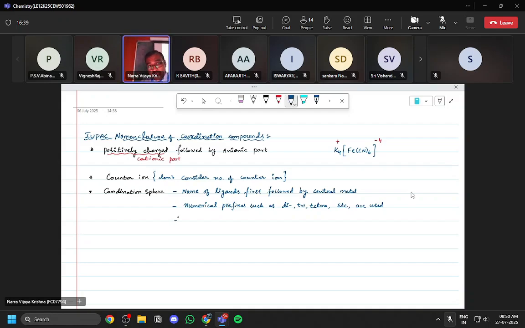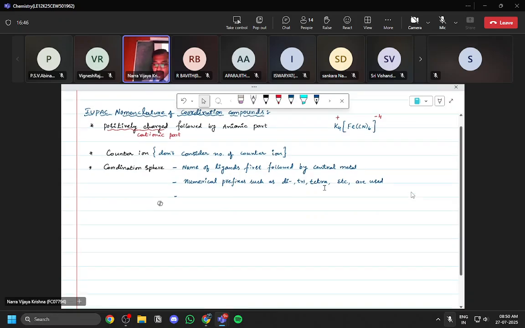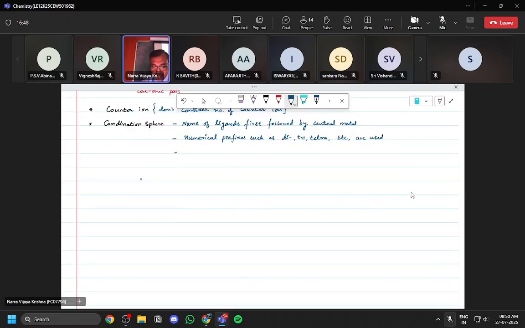If a ligand is already having numerical prefix in it, in the name of ligand, already numerical prefix is there. For example, what is this? Ethylene diamine. That name of ligand itself is having numerical prefix, right? In such cases, we have to use naming like bis, tris, and so on, tetrakis, and so on.